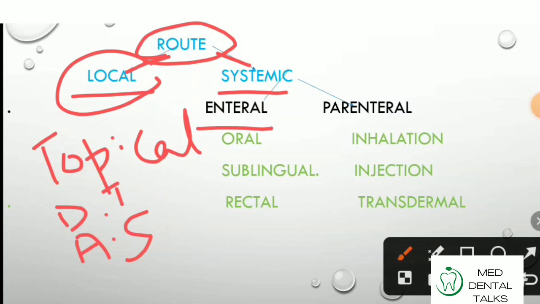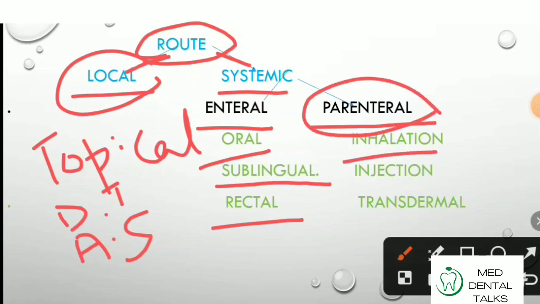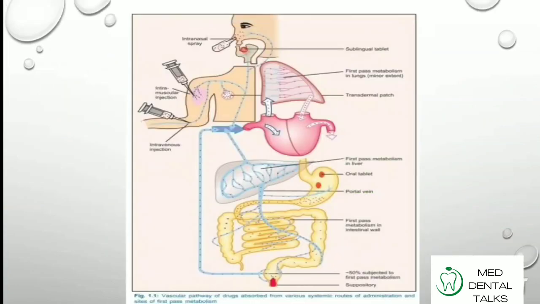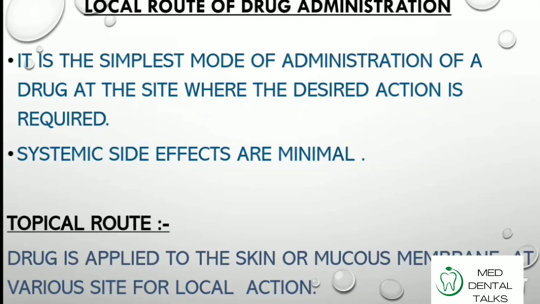In systemic: enteral route of drug administration and parenteral. In enteral: oral route, sublingual route, and rectal route. In parenteral: inhalation, injections, and transdermal. Here the image shows the different types of route of drug administration.